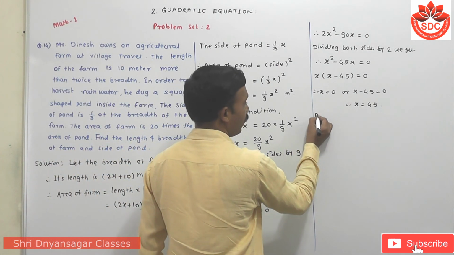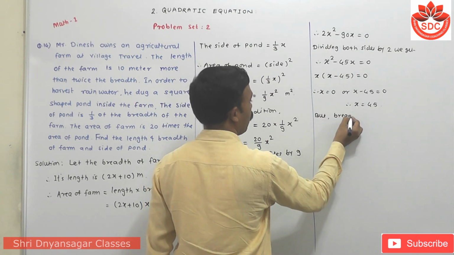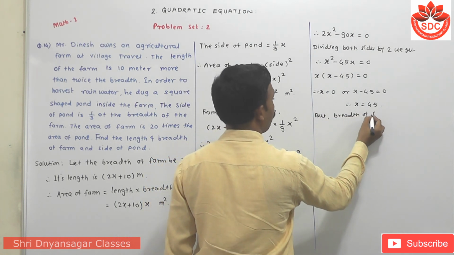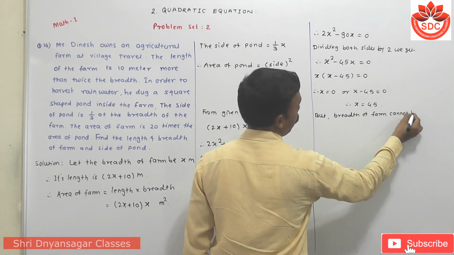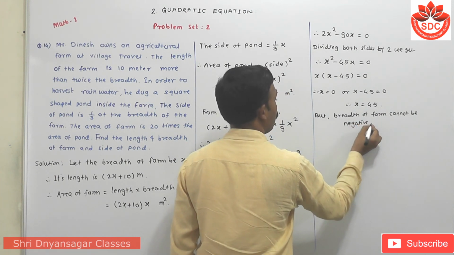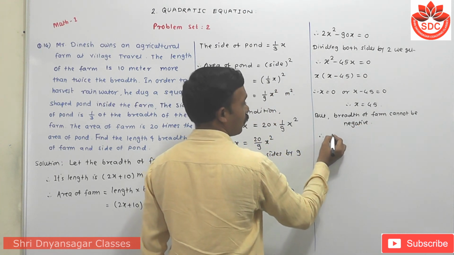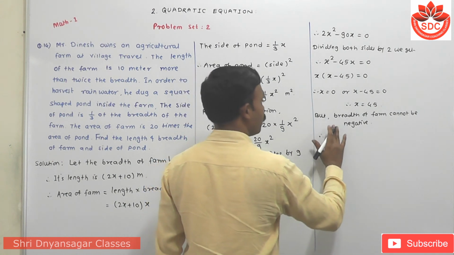So here we write, but the breadth of the farm cannot be negative, it is positive. The breadth of the farm cannot be 0.